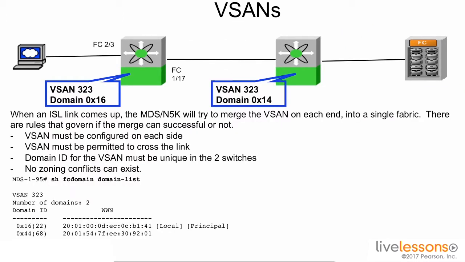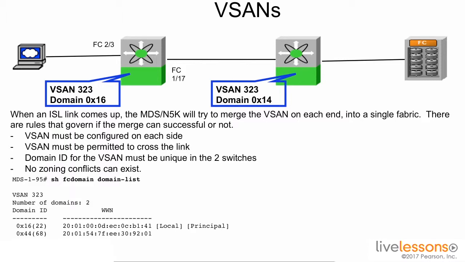I can also link multiple switches together and trunk or ISL those switches together, which is basically trunking your vSANs from one switch to another and creating a single fabric from end to end. There are some rules that I need to be careful of. For instance, a vSAN must be configured on each side.